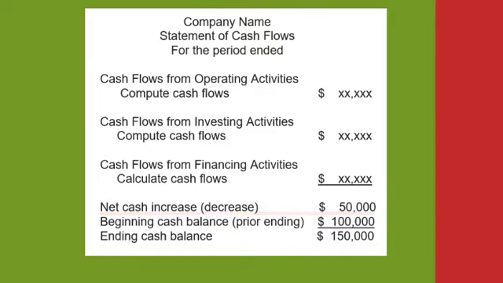Then the cash balance, I'm going to abbreviate here, for the prior year, remember I said was 100,000? So there's the 100,000. So then from the prior ending year, the cash balance at the end of the current year would then be $150,000.